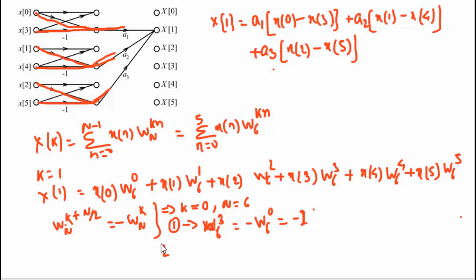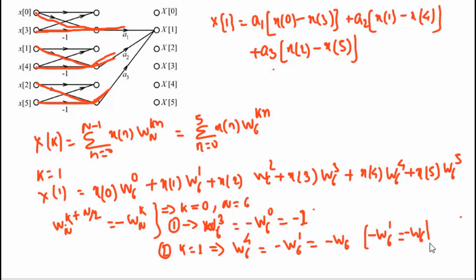The second, when you put k equal to 1 and N equal to 6, W6 to the power 4 is equal to minus W6 to the power 1, which is minus W6. The third one, if k equal to 2, then W6 to the power 5 is equal to minus W6 to the power 2.